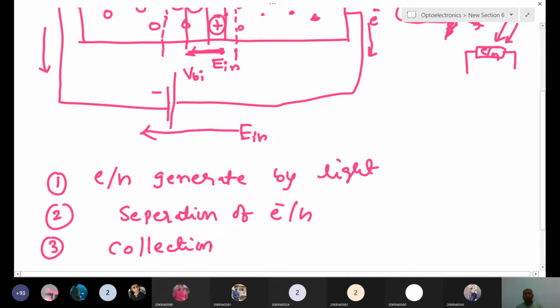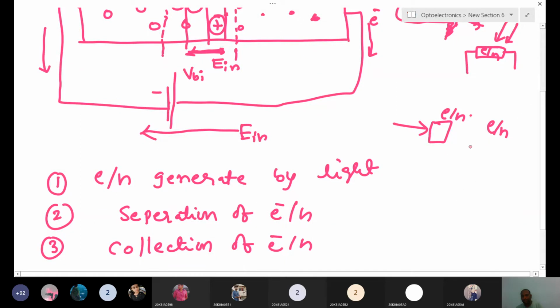So here, the main photodetector function is that we shine light. We illuminate light on an object, suppose any object. In this object we create electron-hole pairs, and after that we collect these electron-hole pairs. Once you shine the light, how many electrons are created, how many holes are created?